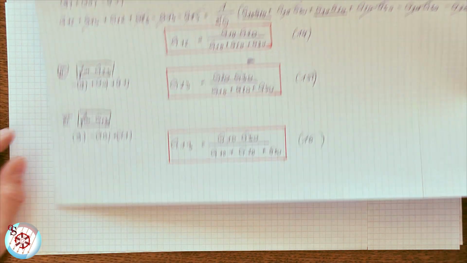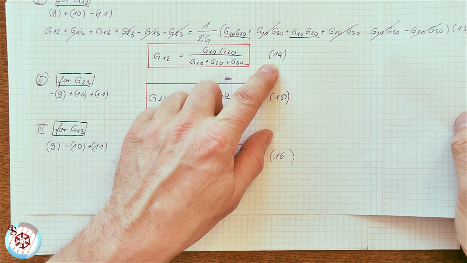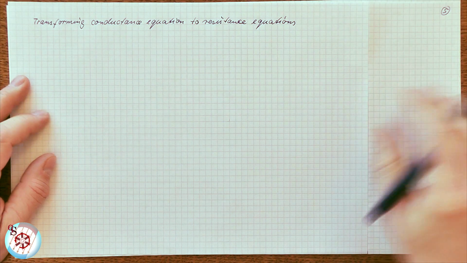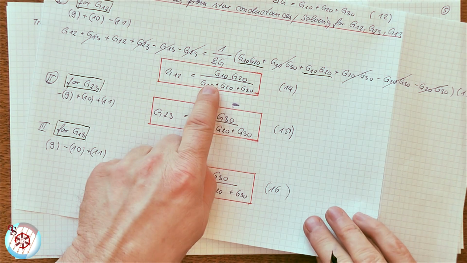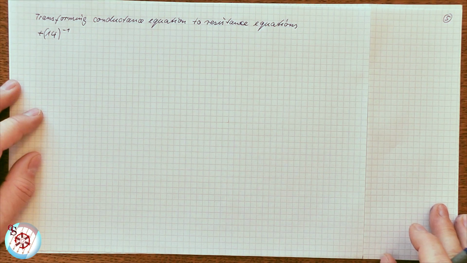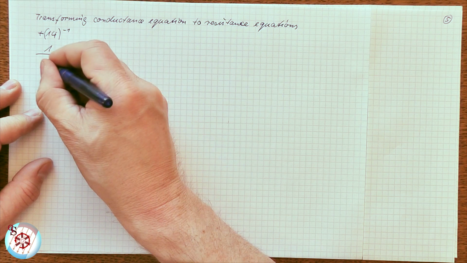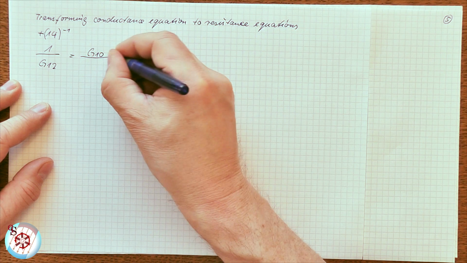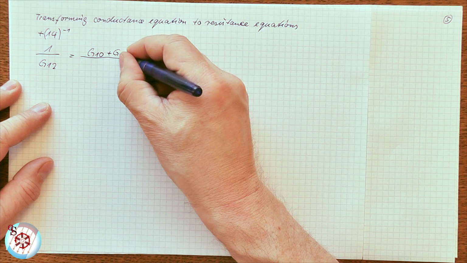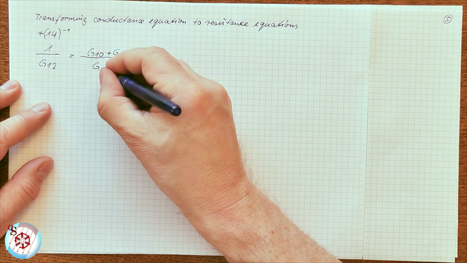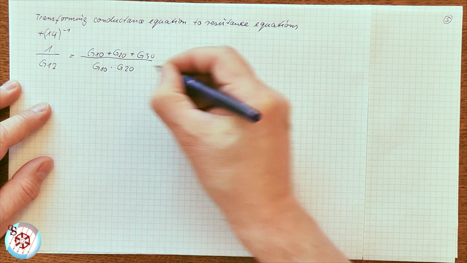So page 5. Well, let's take 14 and invert the equation. Let's find the reciprocal of that. So let's take the 14. Oh no, that's still plus, of course. It's 14 to the power of minus 1. And what we have then is 1 divided by G12 equals the sum of those 3 star conductances, and the denominator is then G10 times G20.